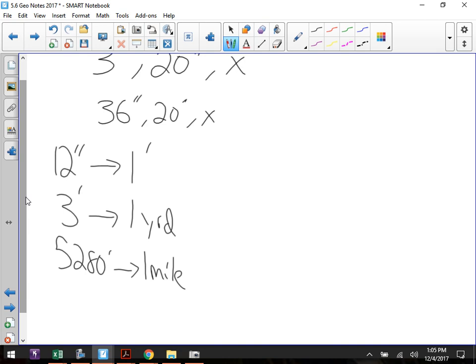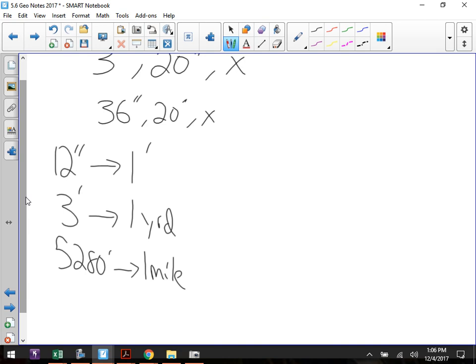Wait, so 12 inches are in a foot. 3 feet are in a yard. 5,280 feet are in 1 mile. So is that how many yards are in a mile? Divide that by 3. I said, how many yards are in a mile?